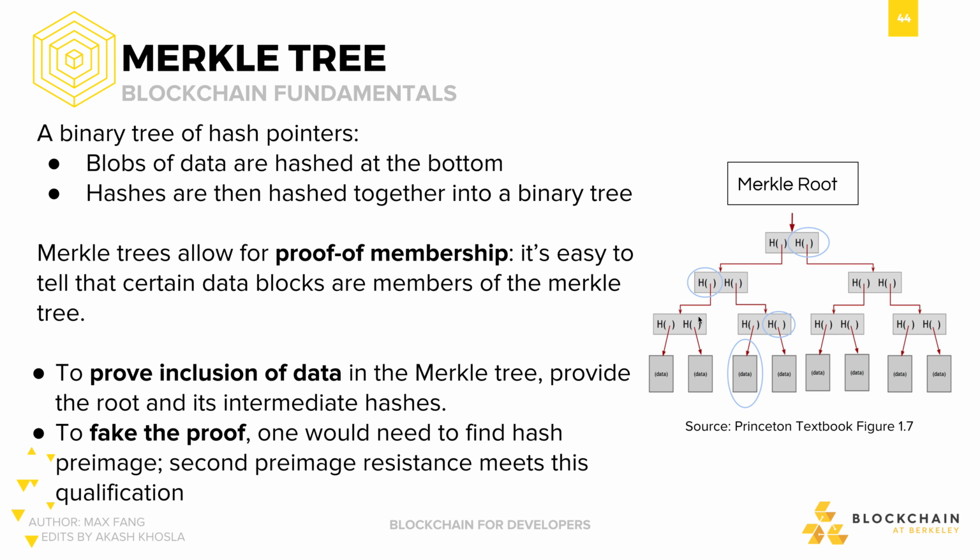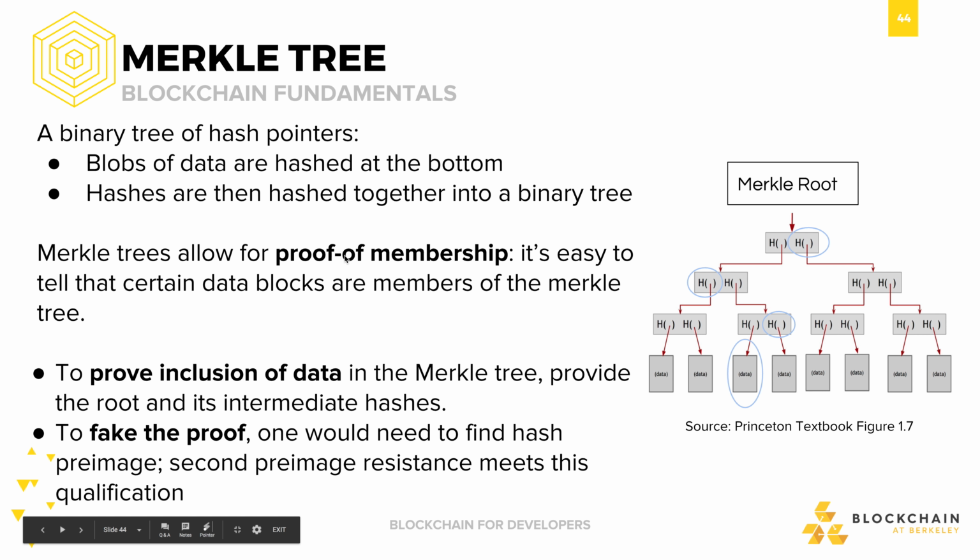Then the hashes are concatenated for each child. So we take the hash of the data, then we take the hash of these hashes and bring them up here, and then we take the hash of those hashes and put them at the root. Once we hash everything from the bottom up, we get something called the Merkle root.